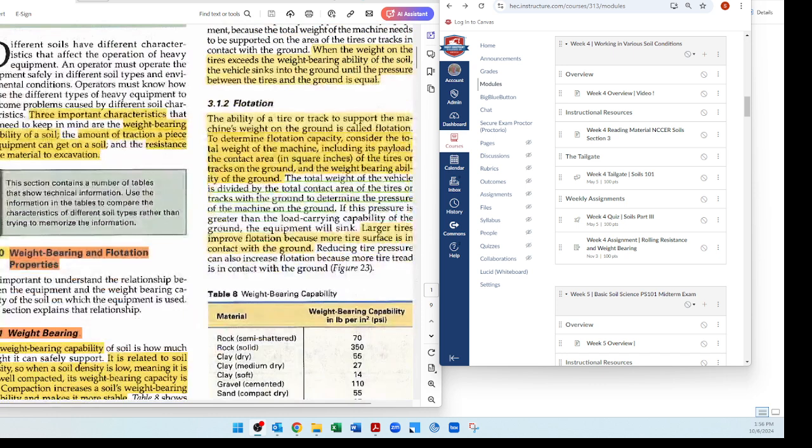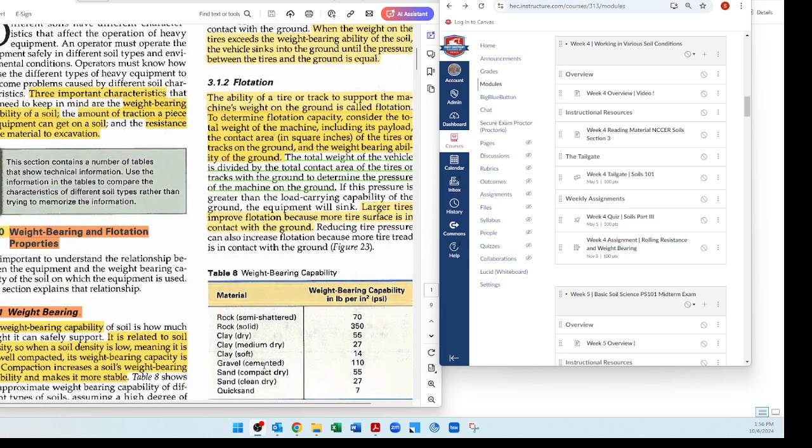Now look down here. Would it be good for this soil right here? No, not this one, because it's 52 pounds per square inch, and that's a little bit close to what this soil will hold up.